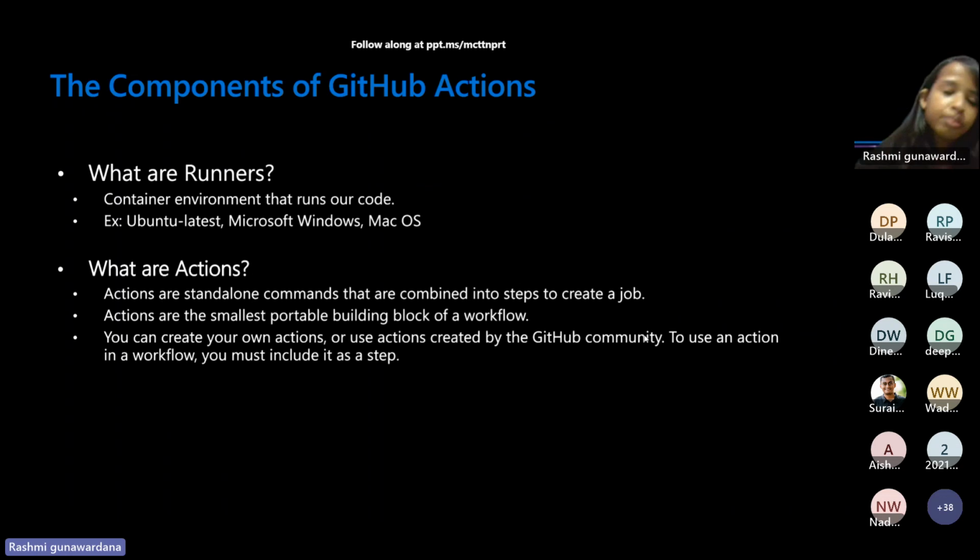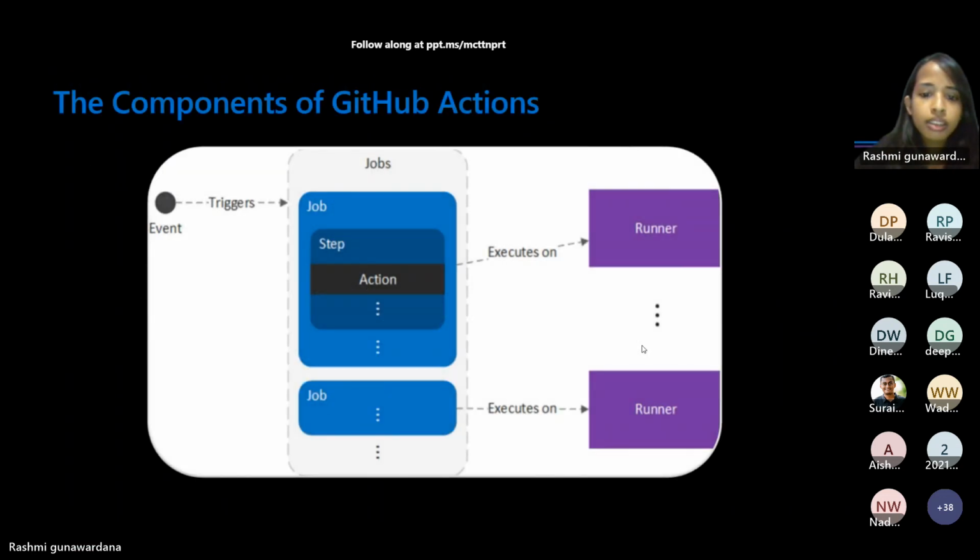This is the high-level idea of what I have explained so far. Think of this as a workflow. There's an event, and then the event triggers the jobs. Under jobs, you can have multiple jobs in a single workflow.